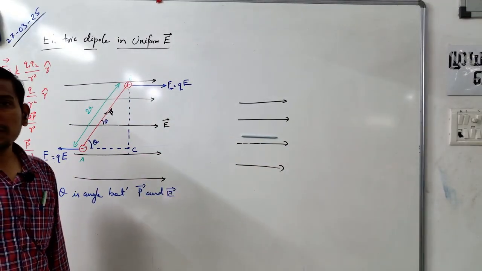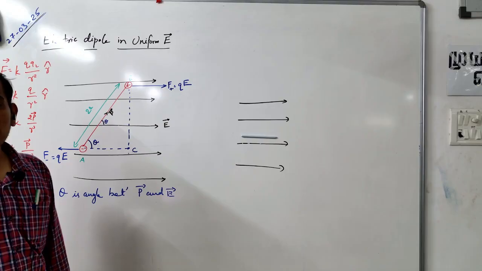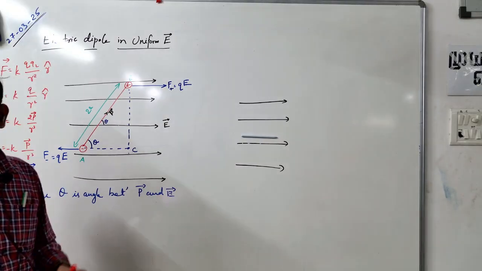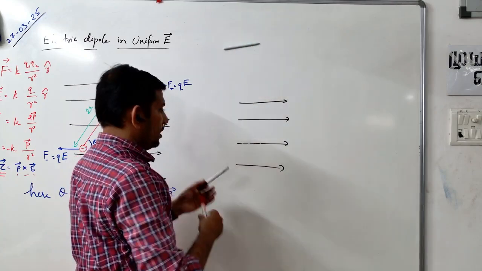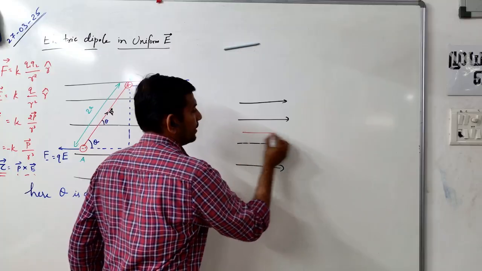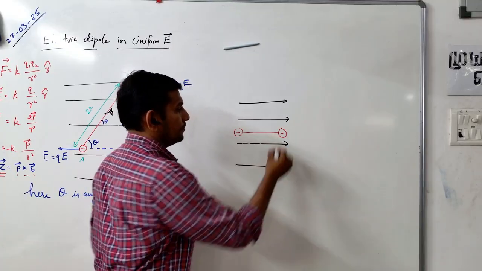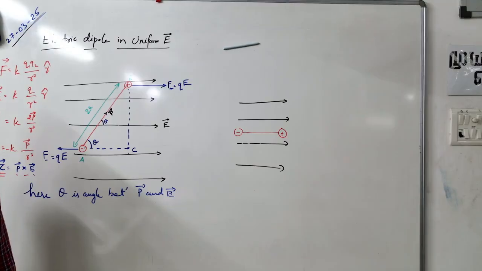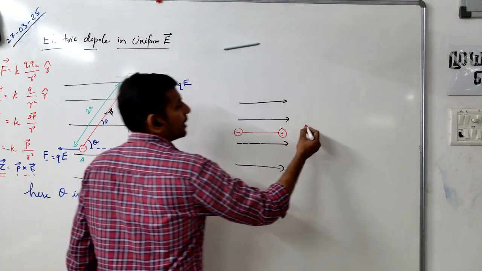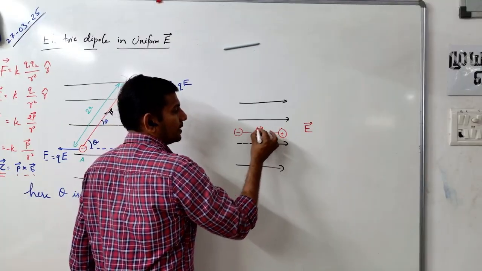So the dipole gets aligned with the electric field. After getting aligned, it looks something like this. Now the electric field is here and the electric dipole moment is here.